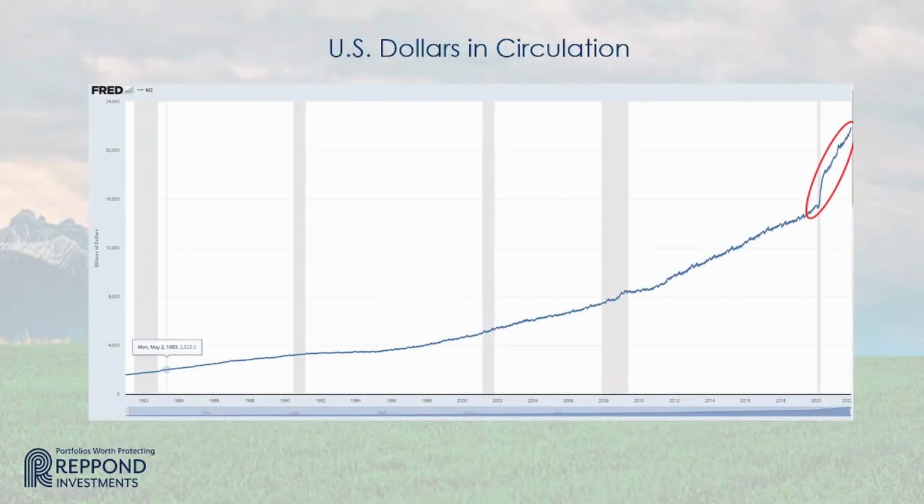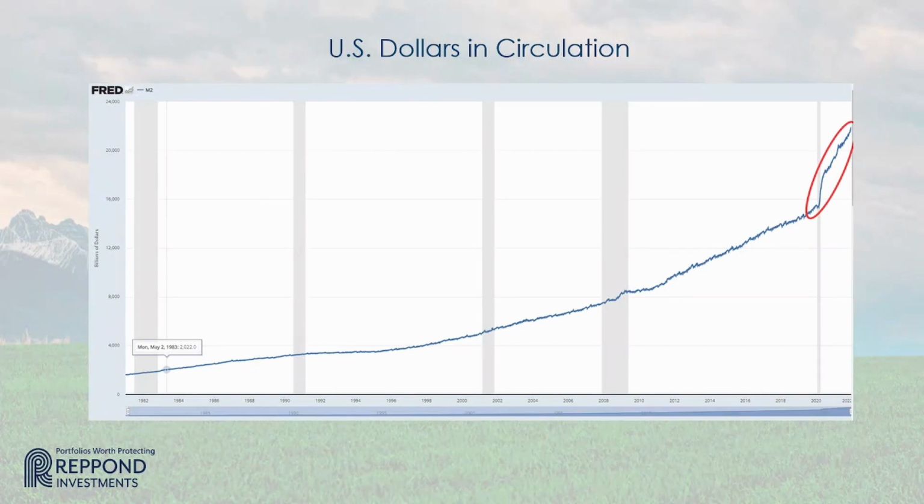We're going to spend some time on currency, and I don't want to get into the economy. I'll do that next week. But there are two aspects of money. One is the printing of money done by the Federal Reserve, called the Fed. And this chart goes back to 1981.